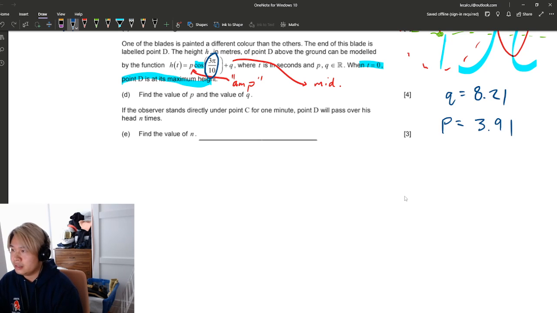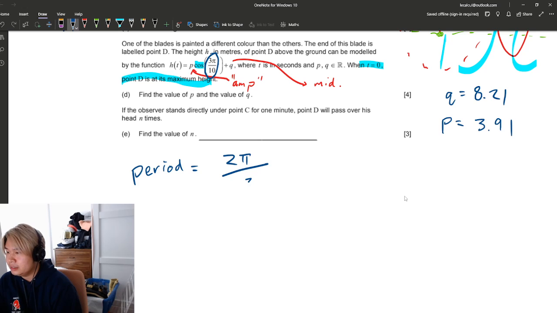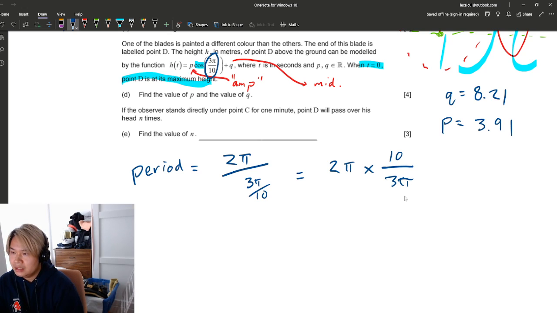So this is our horizontal compression. A cosine has a period of 2 pi, and if we were to compress it by 3 pi over 10, then we are going to divide by 3 pi over 10. Dividing by a fraction, you can flip and multiply.